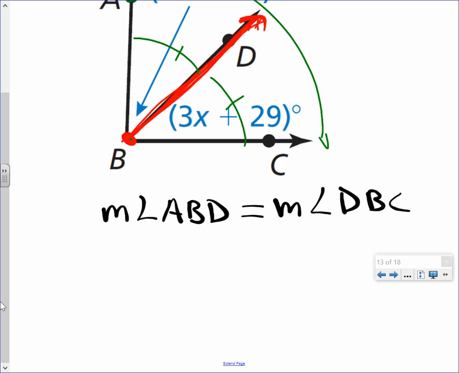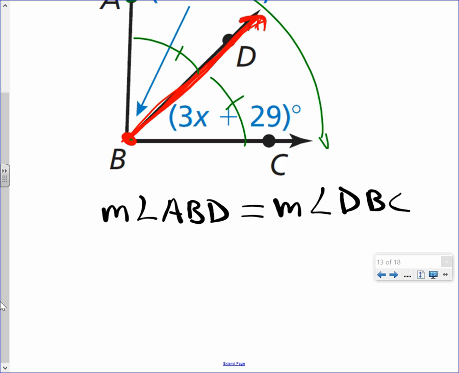Notice, because I put the little m in front of the angles, I can say they're equal because I'm talking about the measures, not the angles themselves. So it's not a false statement to say this. The measure of this angle is the measure of that angle. Not the angles, but the measures of it. See, it gets philosophical.